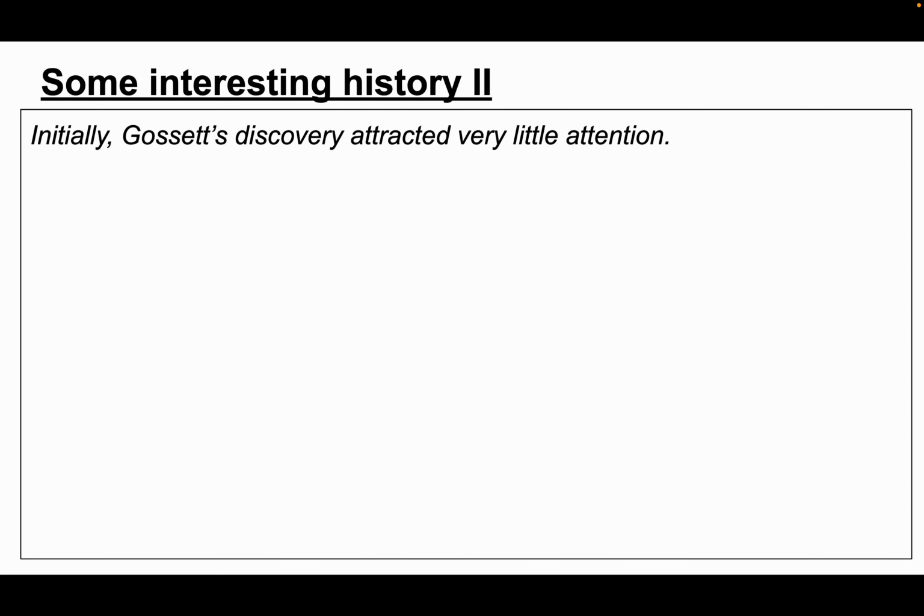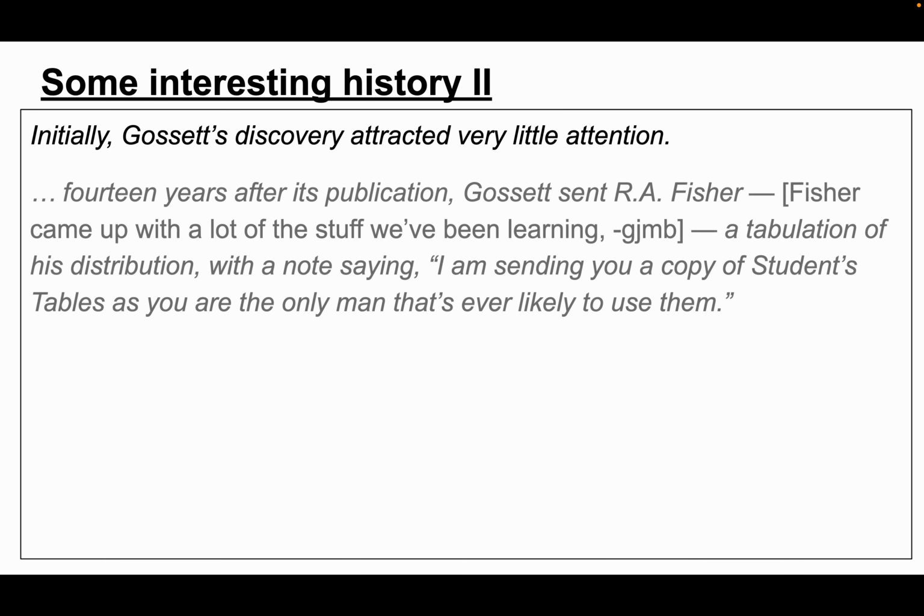So how did this actually get put into practice? Well, Gosset's discovery initially attracted very little attention. And by the way, this is all direct quotation from Larson and Marx. But 14 years after his publication, Gosset sent Fisher, who came up with a lot of the stuff we've been learning, a tabulation of his distribution, and basically gave him a message in a bottle saying, no one gets me, but maybe you'll understand this.